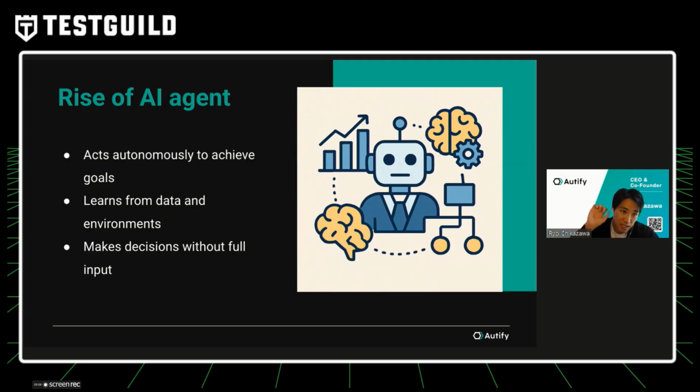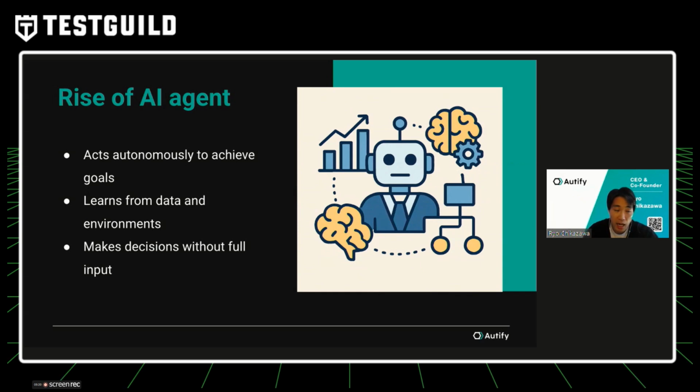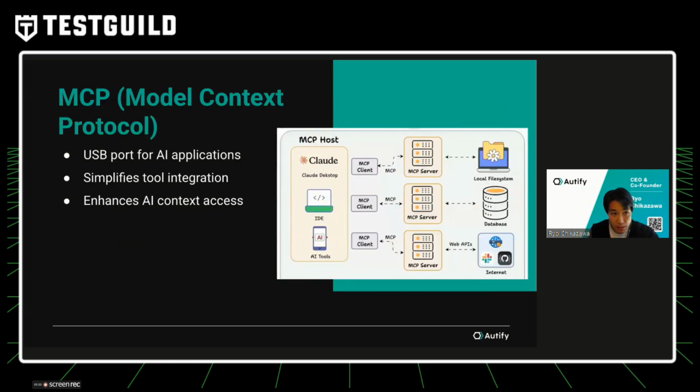You can just give a high level input so that the AI agent can autonomously think in a loop to do a lot of different small tasks to achieve the higher level task. That's basically how an AI agent works. And another notable evolution, I would say, is MCP.